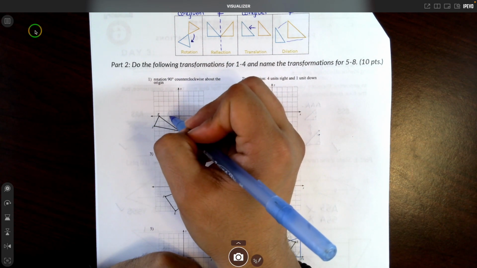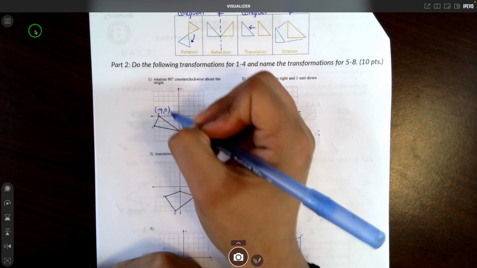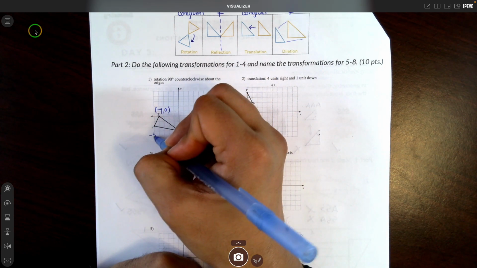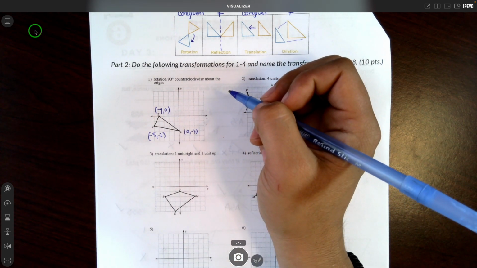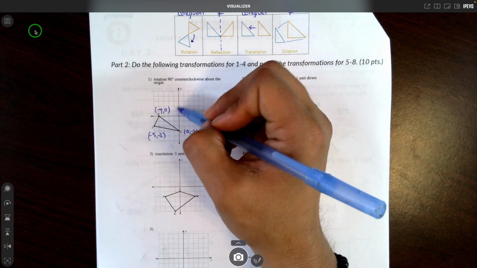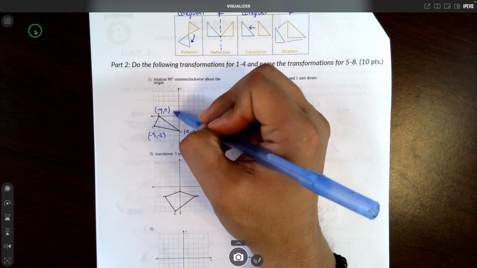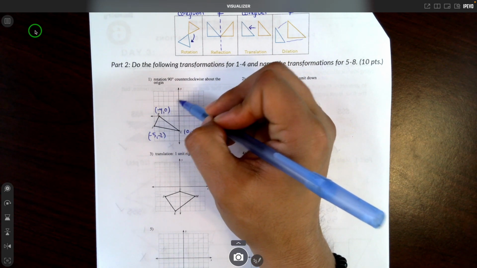Z would be -4, 0. And then this would be -5, -2. Okay? So when we rotate, and in this case it's counterclockwise, clockwise, a clock goes like this. Counterclockwise, it means it goes to the right.